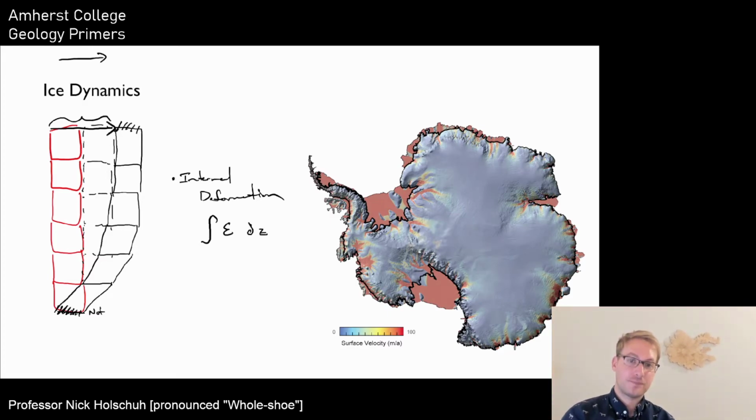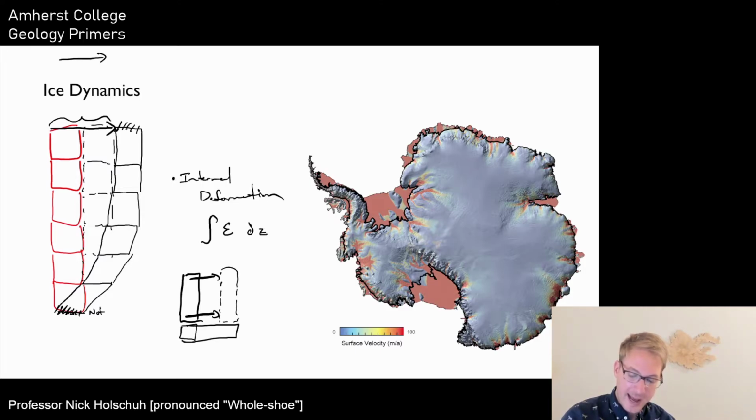The other way ice can flow is by a process we call basal sliding, where if this is our column of ice, this is the rock underneath, the whole column of ice can translate forward as it moves past the rock underneath. This can be accommodated either by fully decoupling the ice from the rock. Maybe you have a pressurized layer of water that separates them and the ice can simply move past the rock.